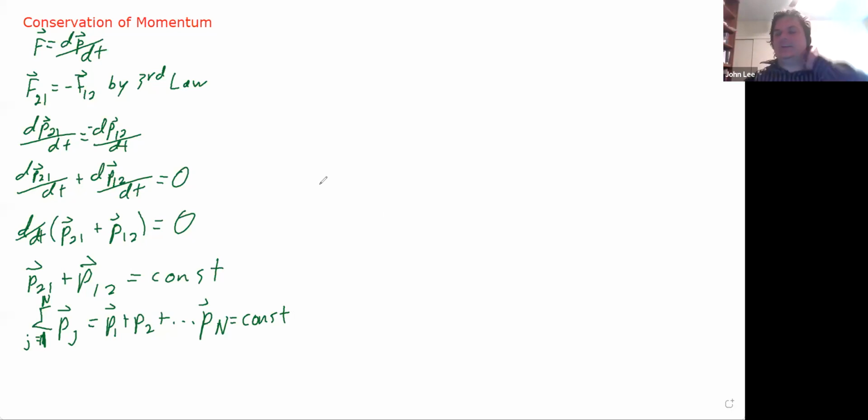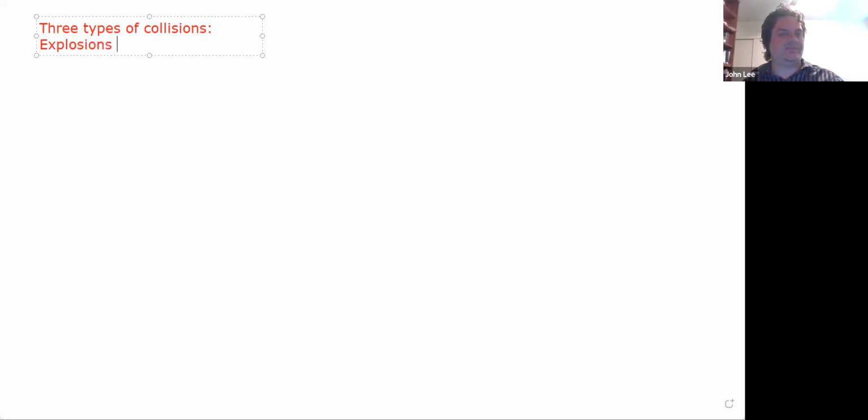Now, how do we use this? Let's do the three types of collisions and see how conservation of momentum and conservation of energy relate to them.